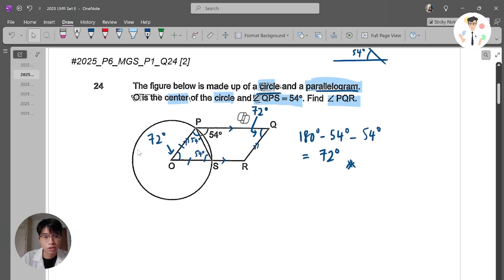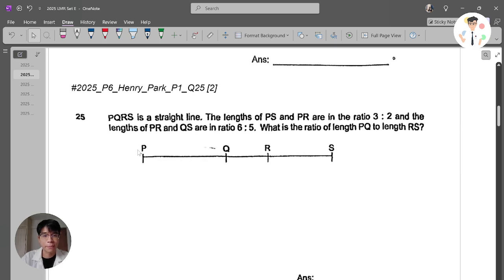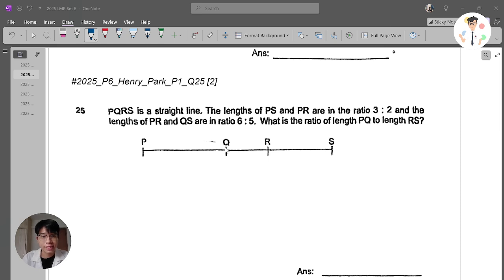So let's move on to our next question. This is from Henry Park paper 1 question 25. It says that PQRS is a straight line and the lengths PS and PR are in the ratio of 3 to 2. Let me write here first: PS to PR is 3 to 2.